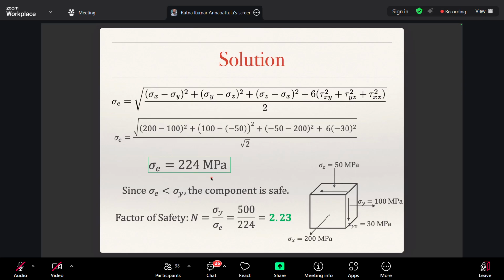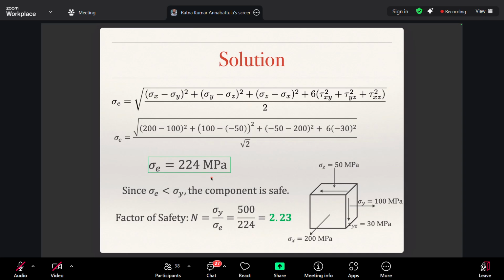But I got 224. Yes, sir, I'm also getting 224. I'm getting 218, sir. How come each one of you can get different numbers? So your factor of safety will be 2.23.